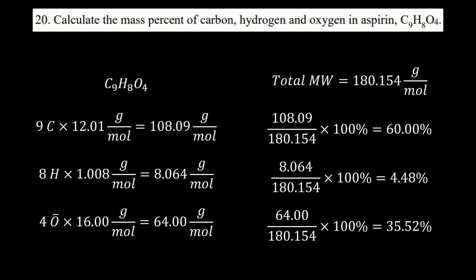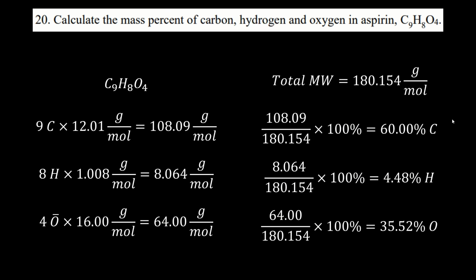ideal. There is one additional step that I did not do, and I'm going to add right now. There you go. The last thing that I just added was identifying what those mass percents are.